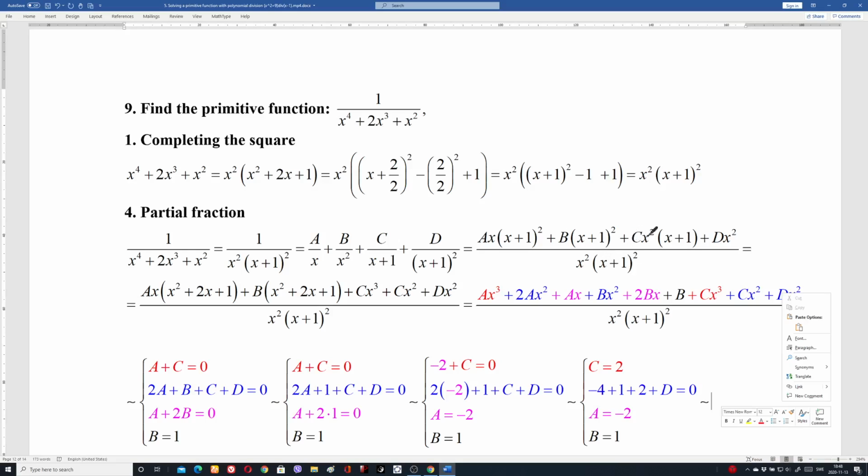For c, cx, we don't have an x^2, we just write this coming here. But we have an x + 1 and x + 1, we just write here because (x + 1)^2 divided by x + 1 is just x + 1.